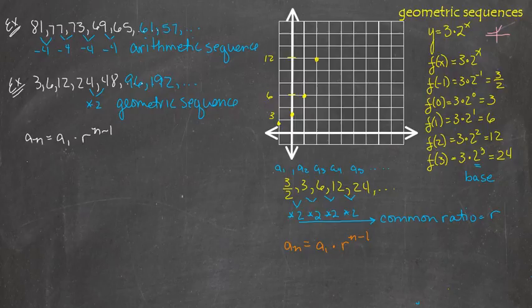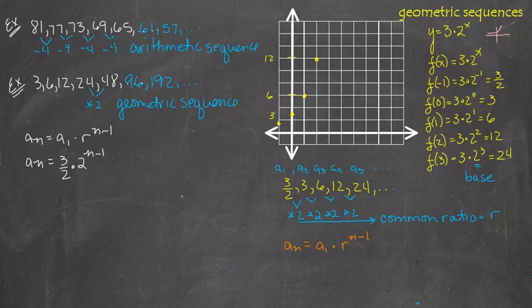So in this case, the nth term would be the first term, let's use this version, 3/2, times the common ratio, 2 raised to the n minus 1.